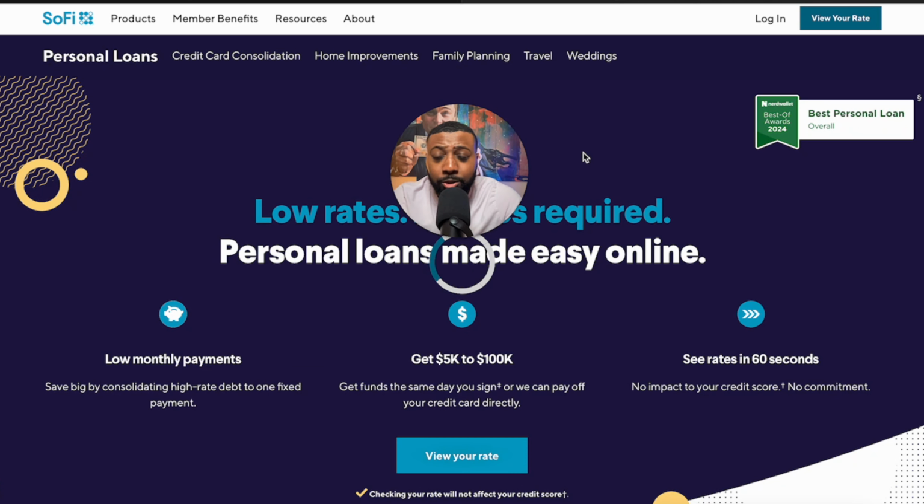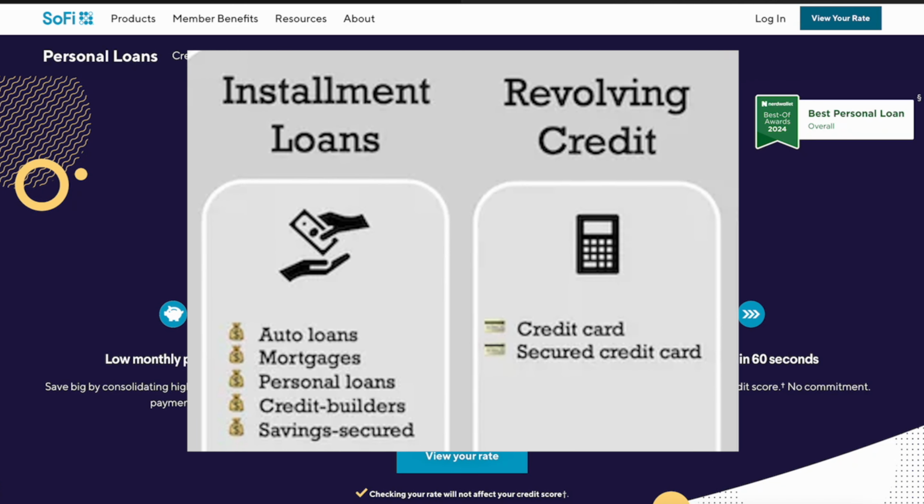But personal or installment loans are the best way to do this. And the reason why is because an installment loan shows up on your credit profile very differently than credit card utilization does. When you get an installment loan, it shows up as an installment, so that's not affecting your utilization, which is 30% of your score.